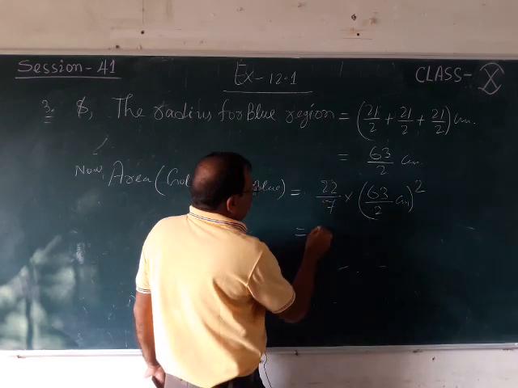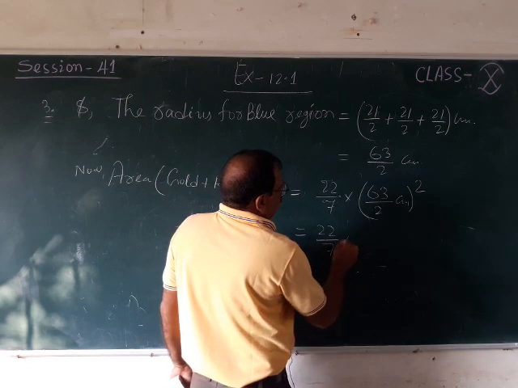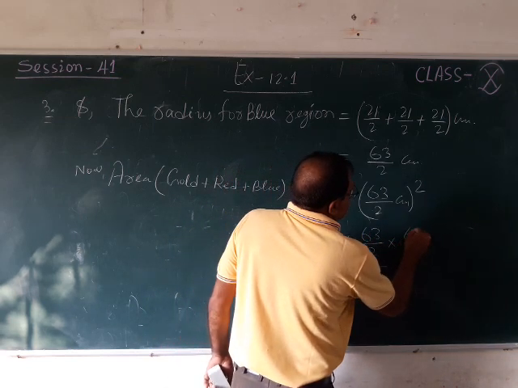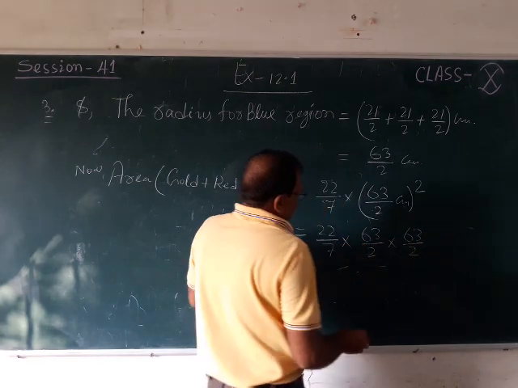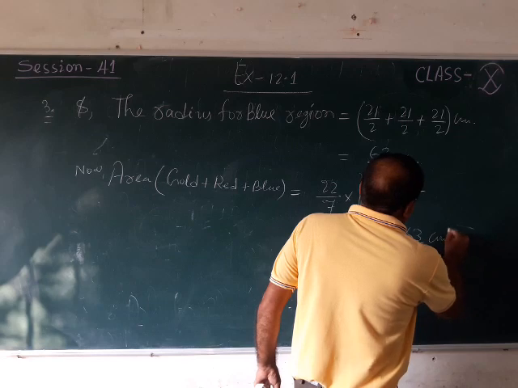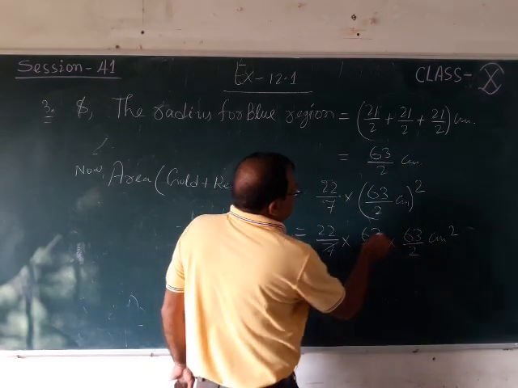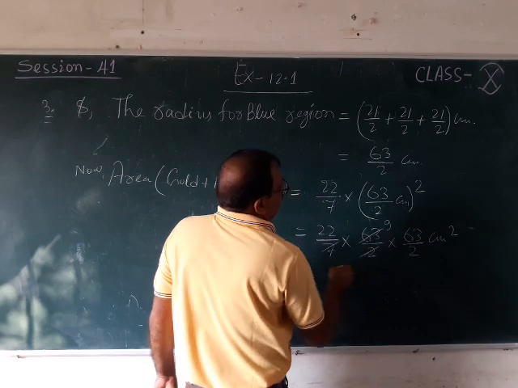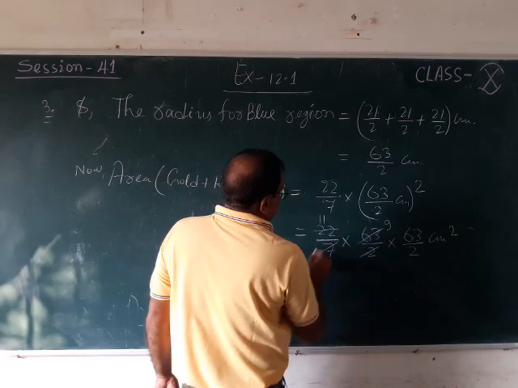So calculate this number. It is 22 upon 7, right here 63 upon 2, again right here 63 upon 2, and here put the unit, that is centimeter square, and try to cancel this number. Now the calculation part is there, 7 9s are 63, and here 2, 11 times.